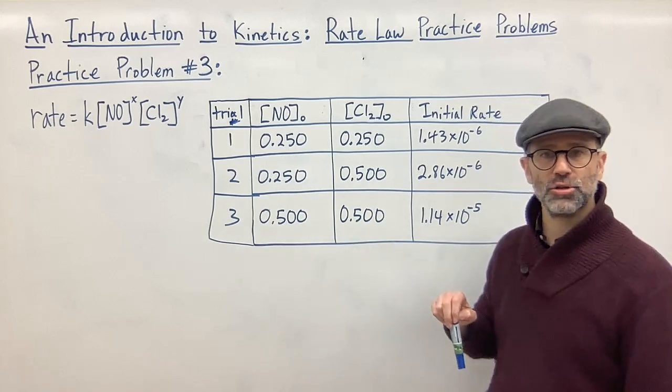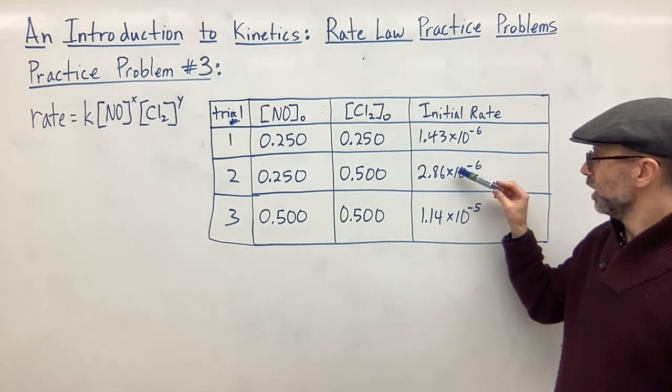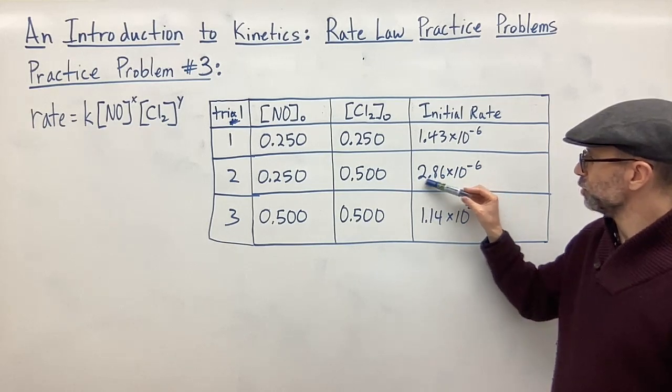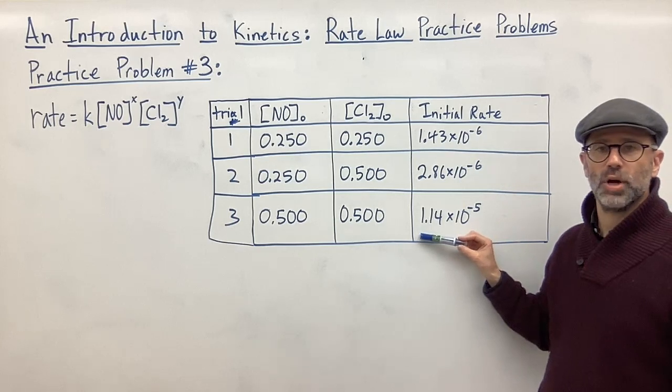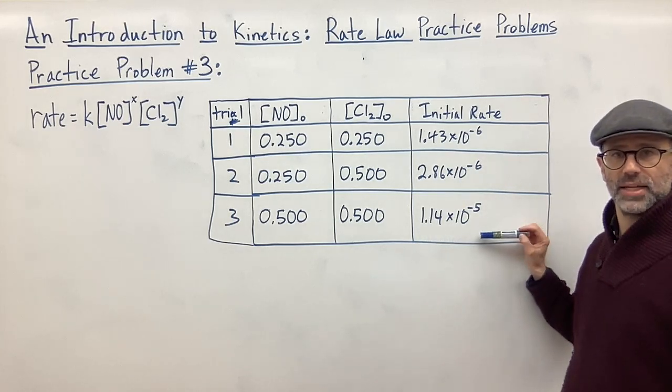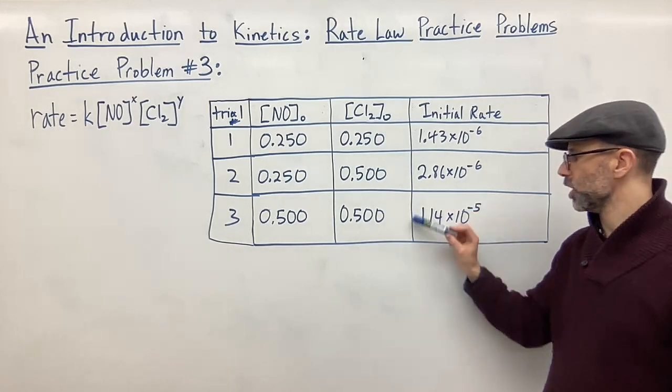What happens to the initial rate when you double the NO concentration? Notice here that we have 2.86 times 10 to the negative 6. Here we have 1.14 times 10 to the negative 5. So this is a bigger number.